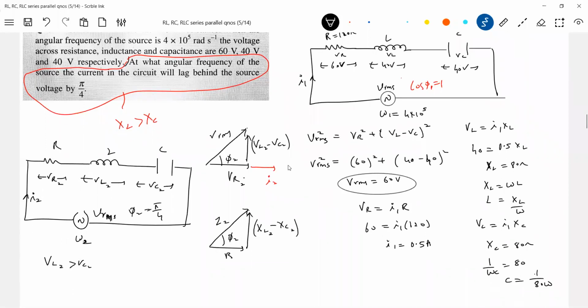What to do now? That omega 2 has to be brought into the picture. We know VRMS, we know R, L, and C, but we don't know I2. But we know R, L, C from the previous background. And on the other side, we have this phase angle.